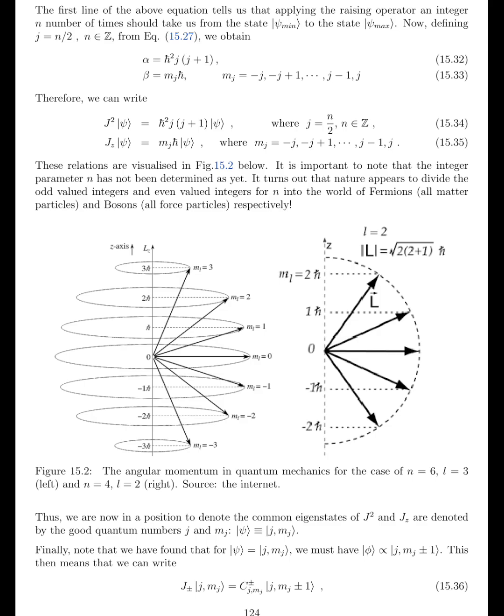And if it came out of the action of a raising operator, then the mj value should have increased by 1. And if it came out of a lowering operator, then mj, the eigenvalue of the z component, should have lowered by 1, so it should go to mj minus 1. Again, sensible.